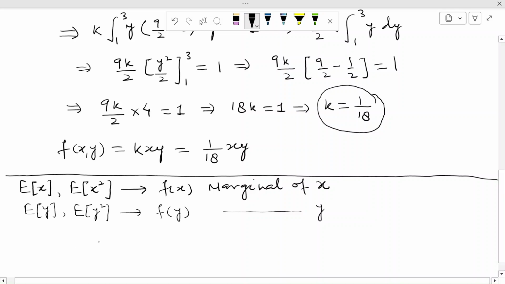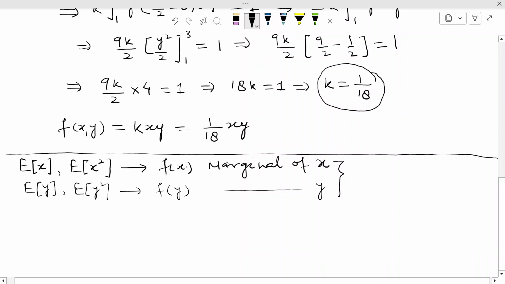Now it is very much clear that we have to first find out the marginals for both the random variables x and y. Okay, so first of all we will find out fx and fy.